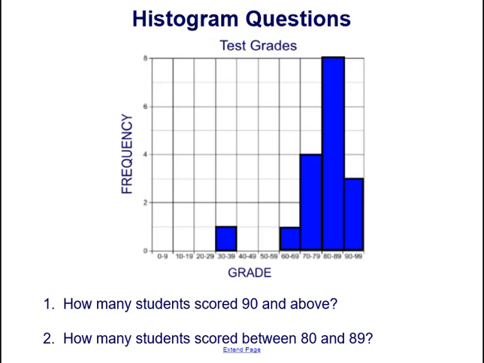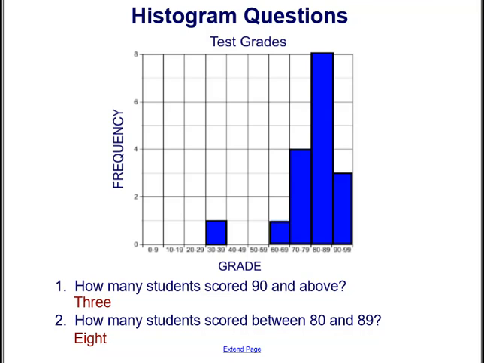We can then analyze the graph of the histogram, and we can answer questions. For example, we can answer how many students scored 90 and above. So you want to find that interval and look at the frequency bar, see how high it is. Same thing for how many students scored between 80 to 89. Well, we can see 3 students scored 90 and above because in the interval of 90 to 99, our bar has a height of 3.